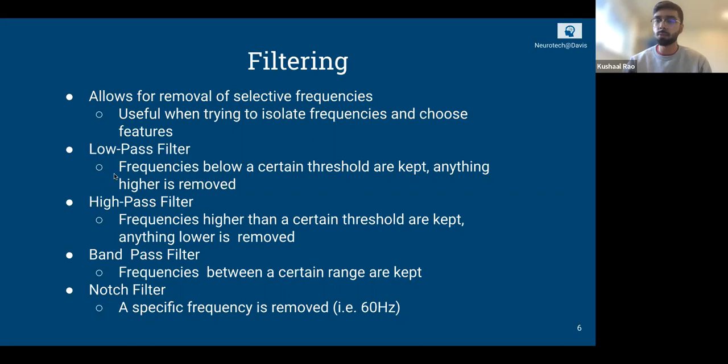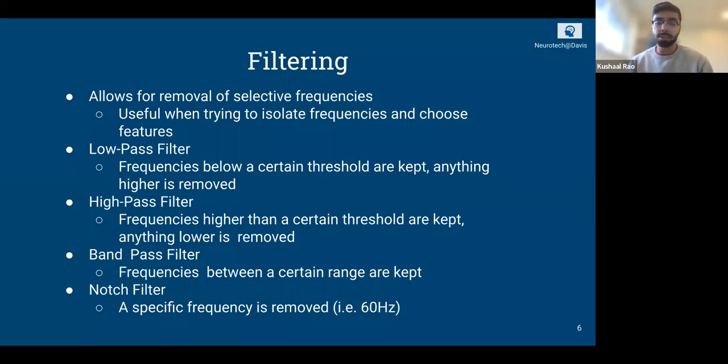The high-pass filter works similarly, but in the opposite way. So frequencies higher than a certain threshold are kept, and anything lower than that is removed. So again, a 30 hertz high-pass filter will pass anything that is greater than or equal to 30 hertz and remove anything that is less than or equal to 29 hertz.